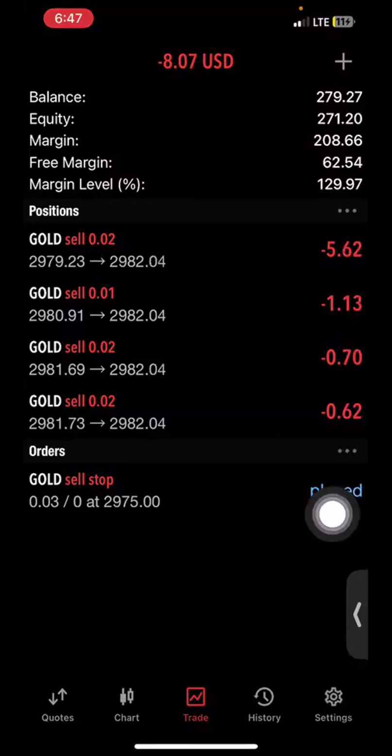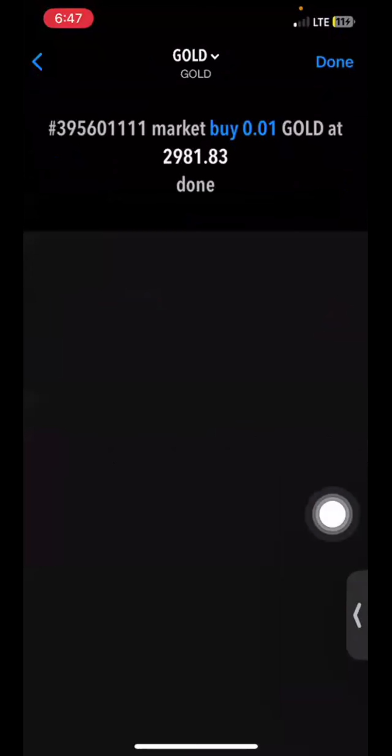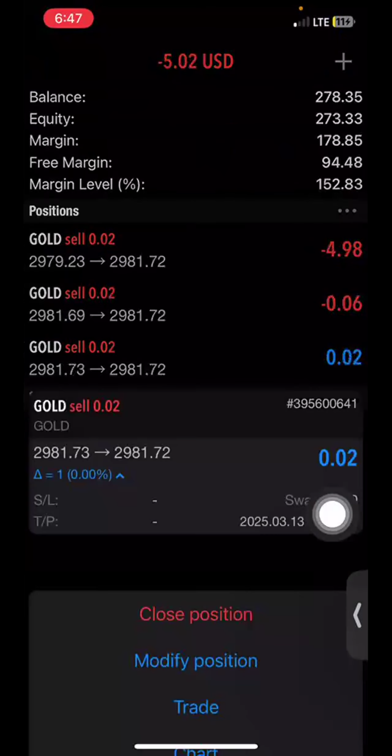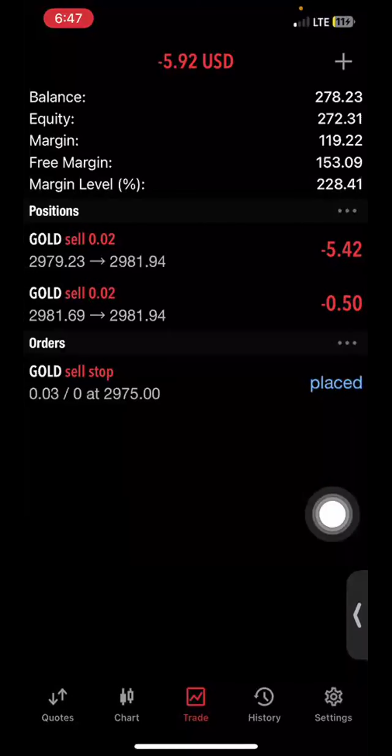I have 4 positions currently running. Let's say everything is 0.01, not 0.02 this time around, and I want to close. What you need to do is, you have 4 already running. If you close 2, let's say I close this one, and this one, closed. It means that I have secured 2 positions, like I have closed 2 in profit. The remaining is 2. Do you understand?